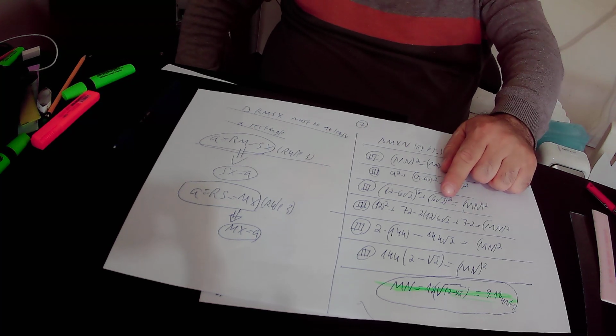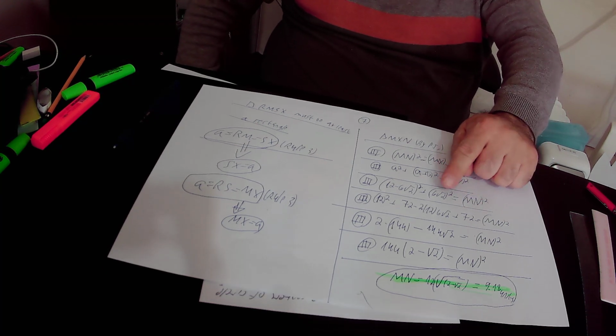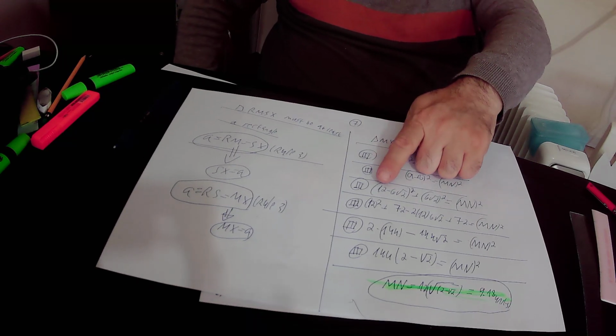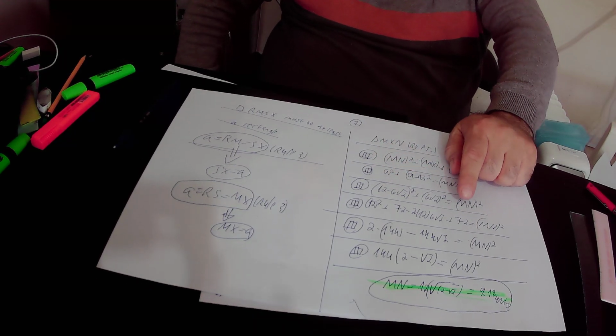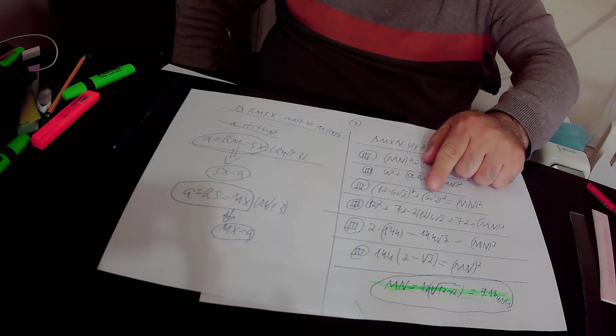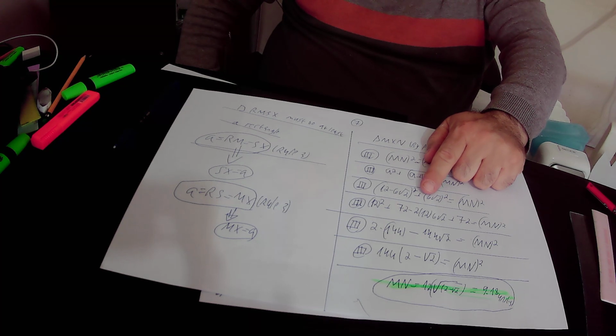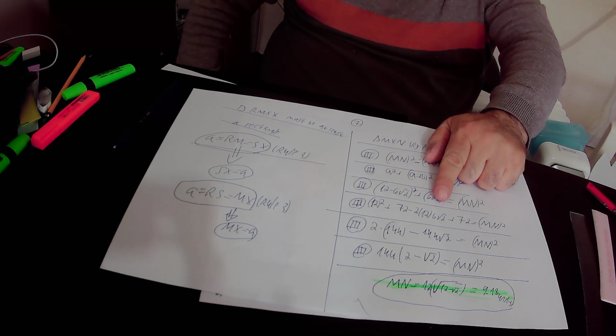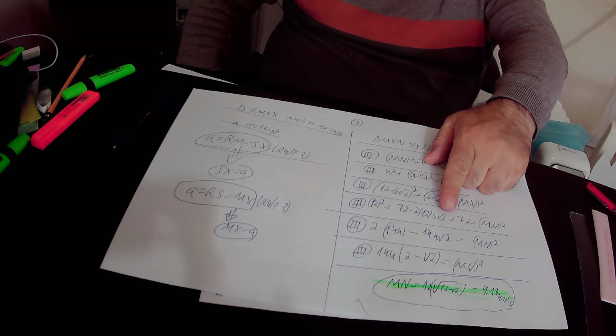So here we have 72 plus 72 is 144, and 12 squared is 144. 144 plus 144 is 2 times 144. Minus 2 times 6 is 12, and 12 times 12 is 144. So this expression equals 144 times square root of 2.